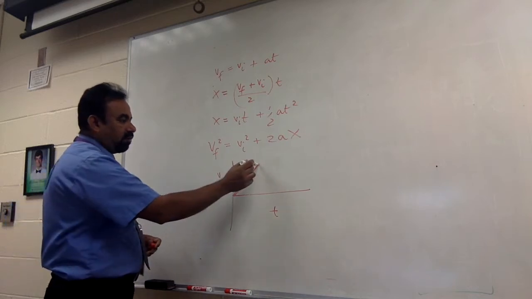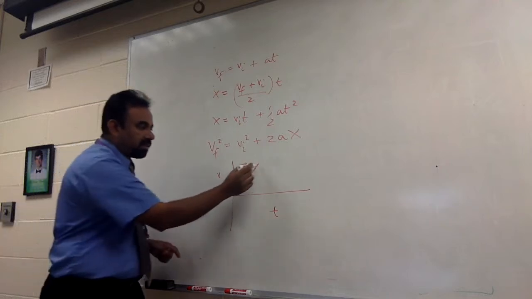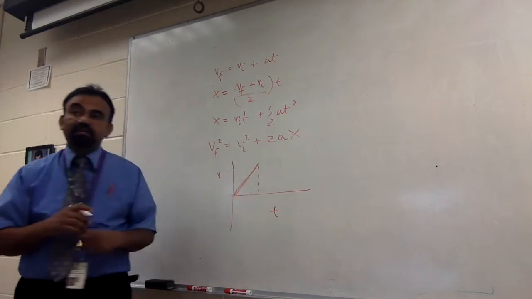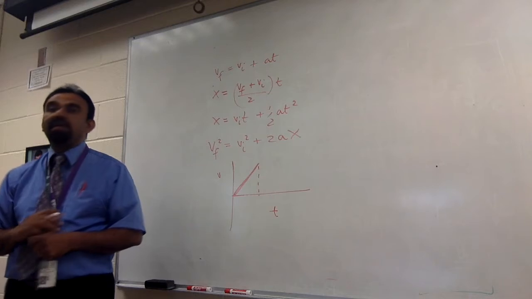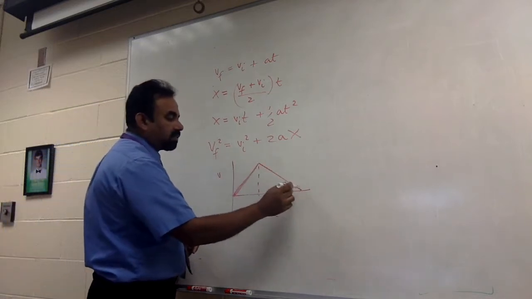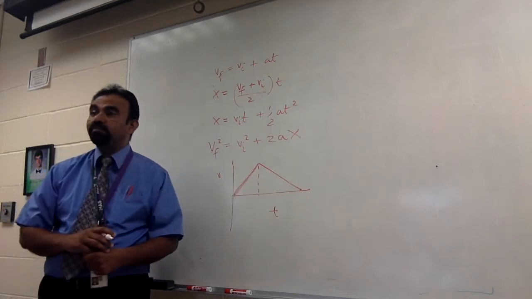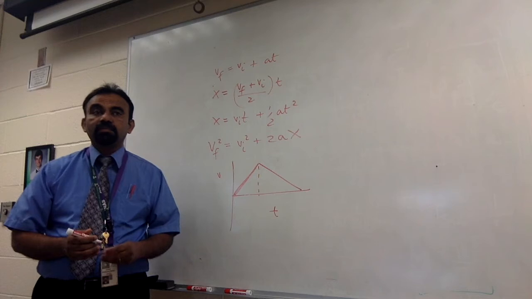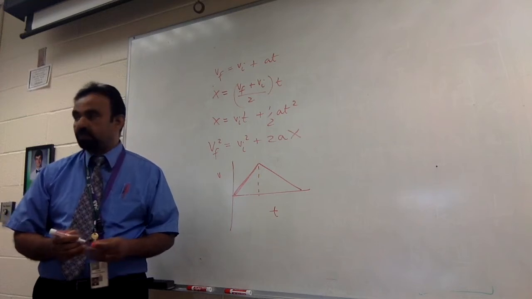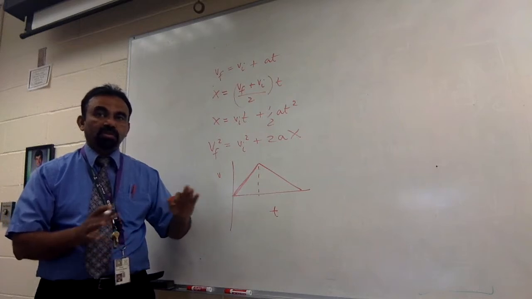And if I ask you how far did this object travel in this particular time, how do you find it? The area under the shape. Now, if I complete it like this, then the area of this and this together gives you the total displacement. Area of the whole graph gives you the total displacement.